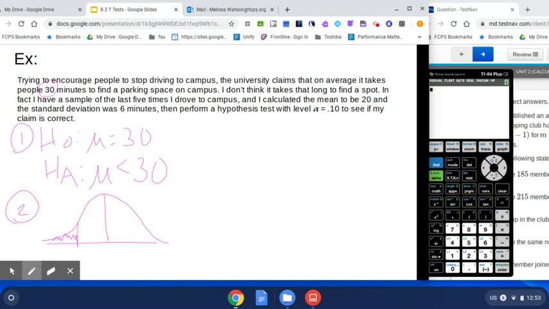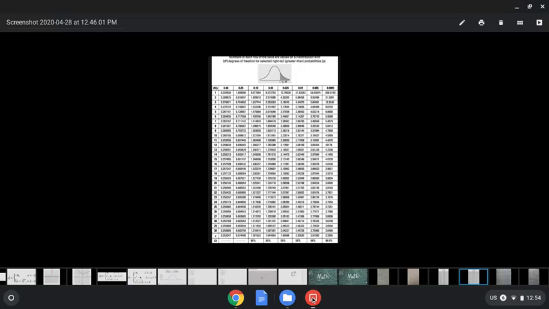And I'm going to look on my t-chart to find that critical value. Since I sampled, where's my sample size? 5 times I drove to campus, n equals 5. So my degrees of freedom for this would be 4. Okay, guys, let's go ahead and take a look at the t-chart. For 4 degrees of freedom and an alpha of 0.10, I see a critical value of 1.533.